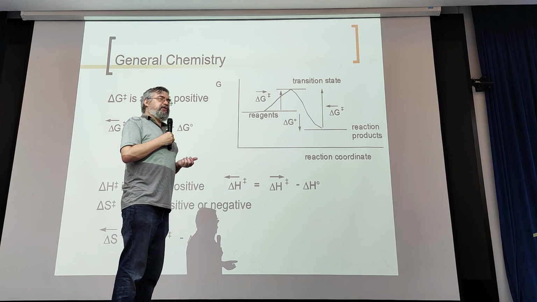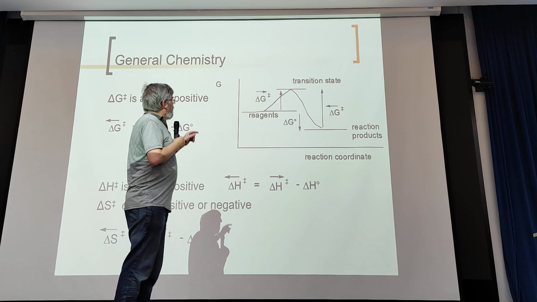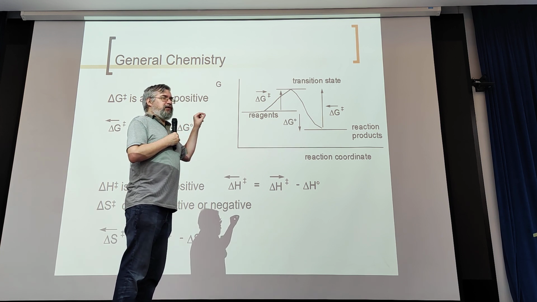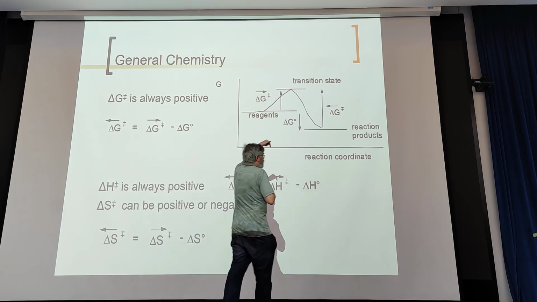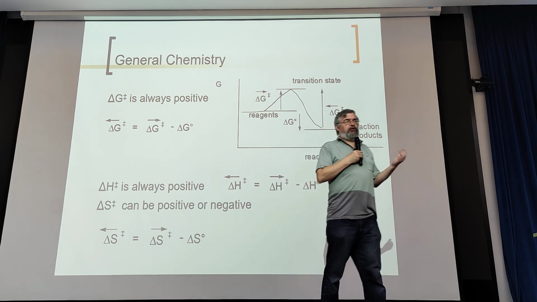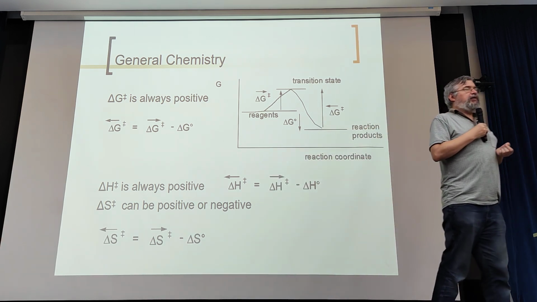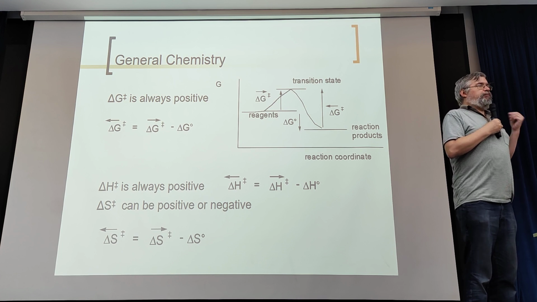Now, I think what I have drawn here is, from the viewpoint of free energy, an exergonic reaction. The reaction products are lower in energy. That means delta G standard of the reaction, that's the arrow that is going down, is a negative number, and that also means this is actually a spontaneous reaction.